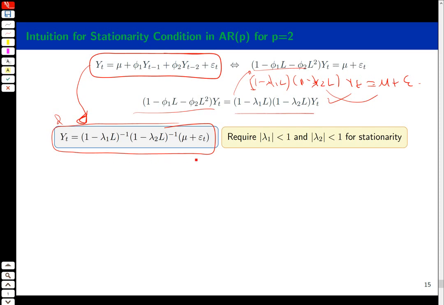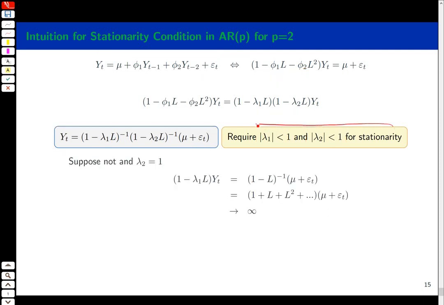All we're doing is matching coefficients, because of course the two have to be equal to each other. These roots will satisfy these two conditions. Is everyone clear how we can get lambda 1 and lambda 2?